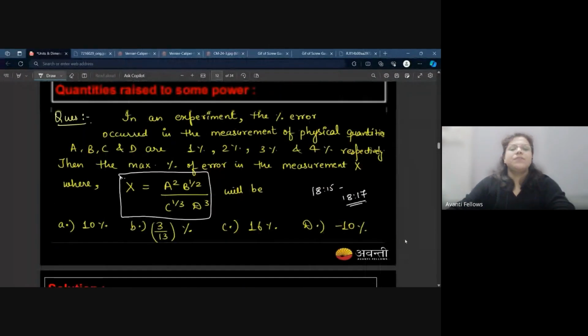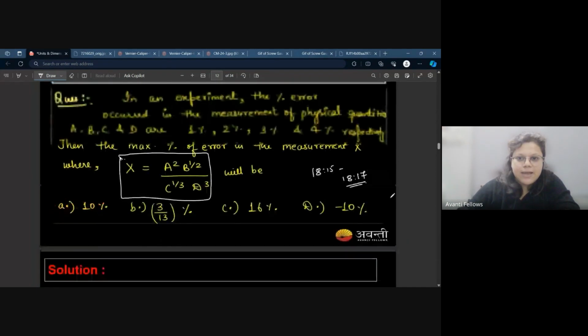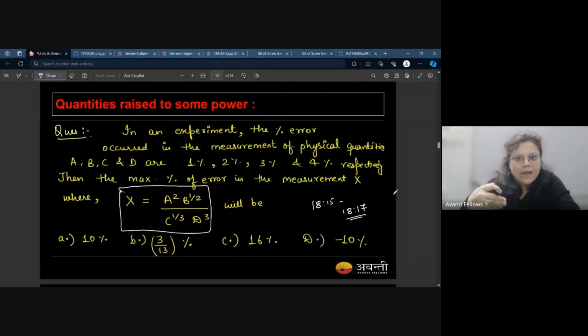In this question, we have a formula over here. X is equal to a squared, b raised to the power half, and c raised to the power 1 by 3, d raised to the power 3. Now the question said there are some errors in measuring a, b, c and d. Since this x is a result of these four quantities, and if you made an error in measuring them, then there would be a certain amount of error in x also.